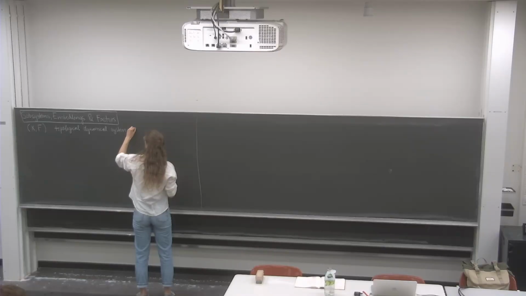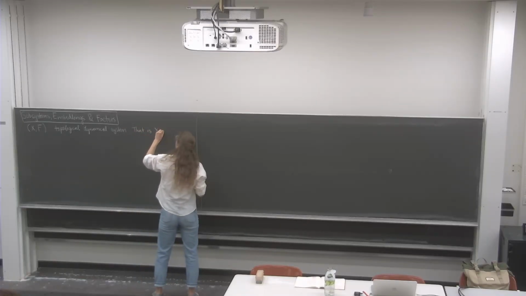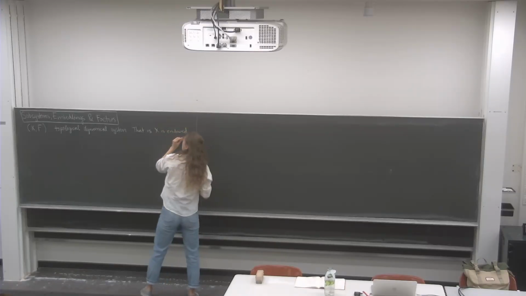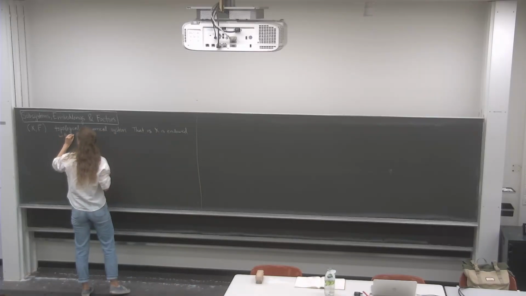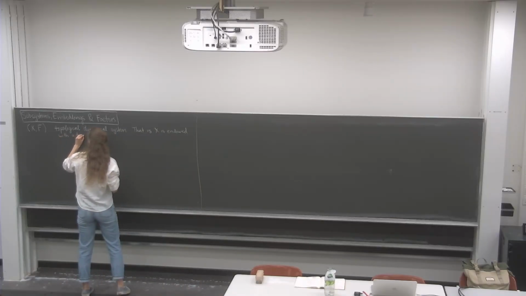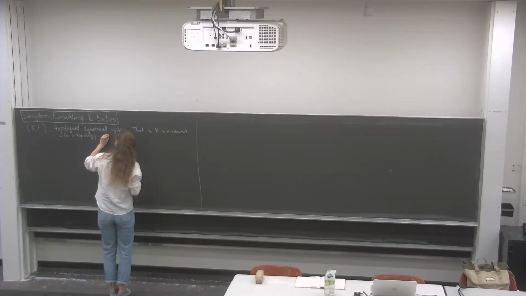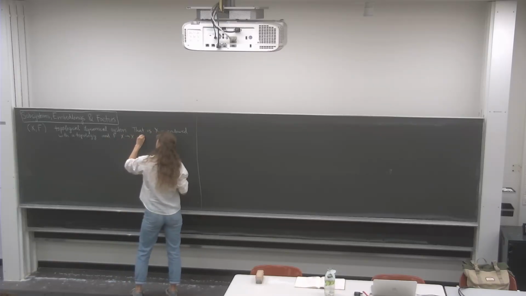That is, X is endowed with a topology and F is continuous.